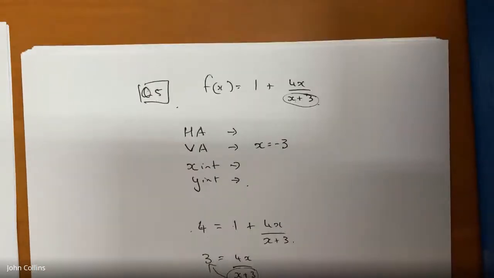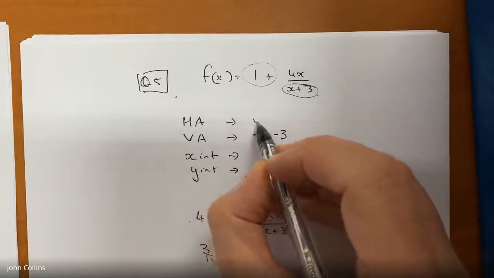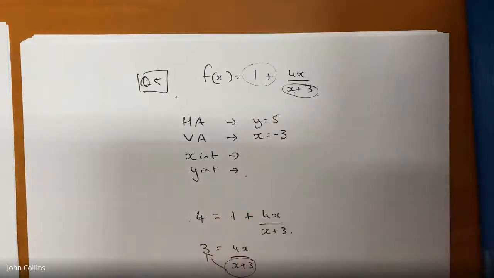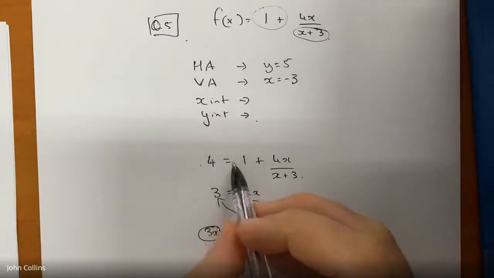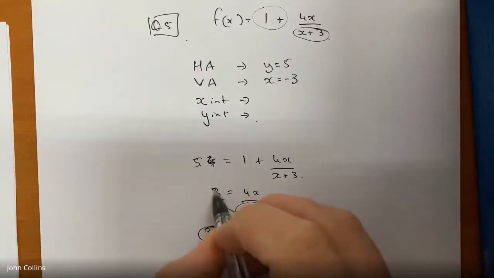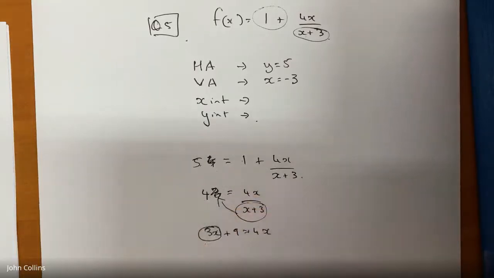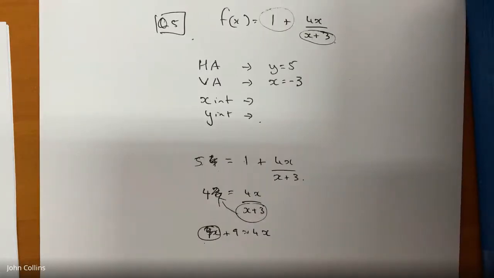And of course, if we have a translation here of up 1, that's why it is also 5. Either way, it is 5. In other words, if this was 5 over this side, that 5 minus 1 would give 4, and that would give 4x. Okay, and that's the reason why the horizontal asymptote would have to be 5.